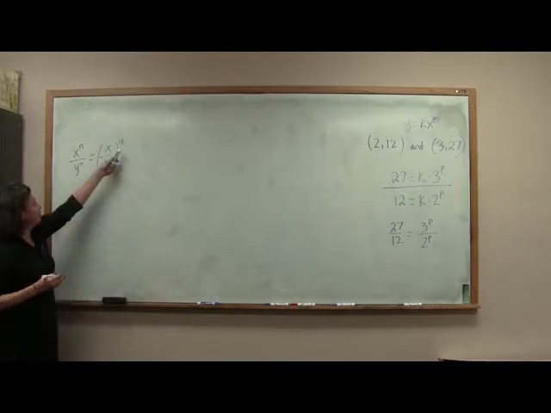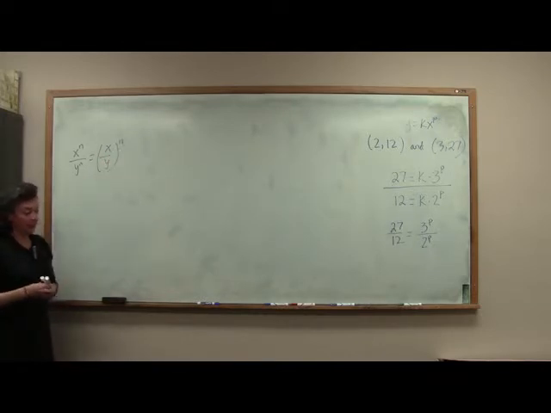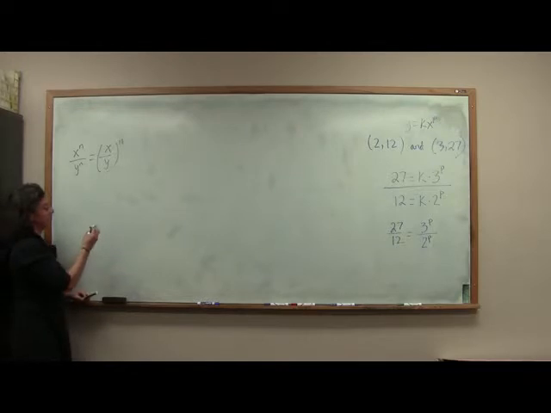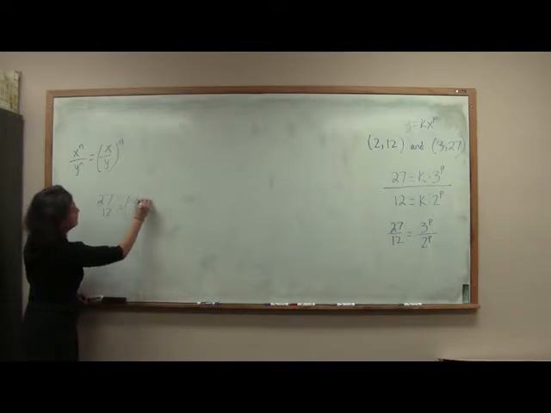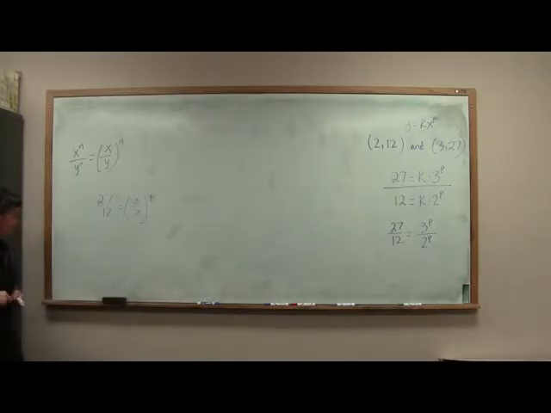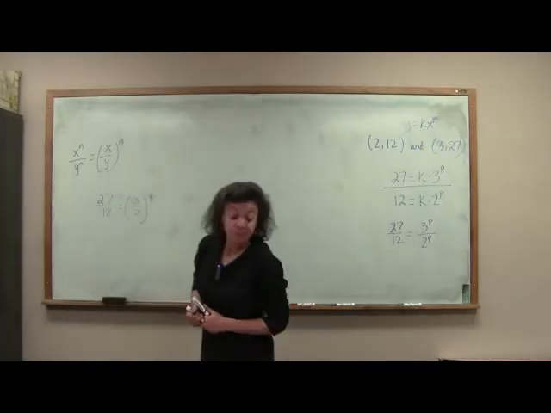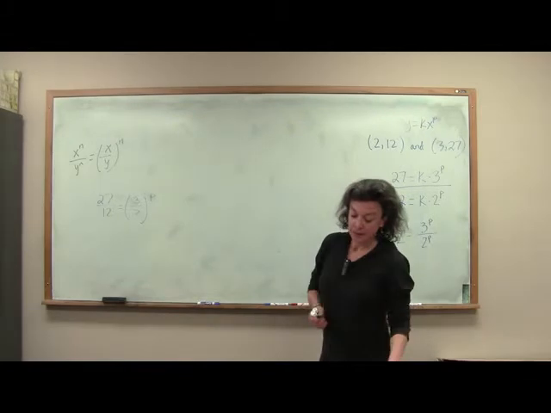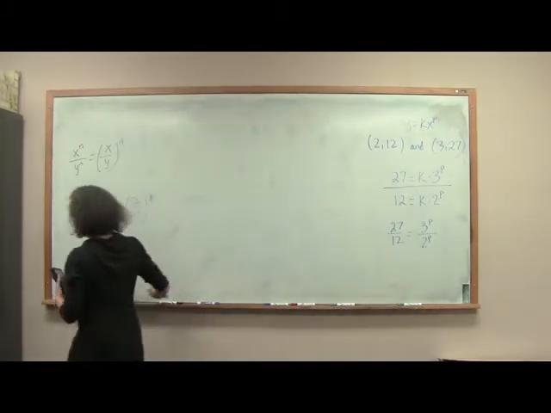Essentially, normally we start out here and bring our exponent in, but we can go the other way. Do you guys agree then I've got 27 over 12 is equal to 3 halves to the power of p? Okay, can we solve for p? I claim we can. You know what we do? We take the log of both sides.